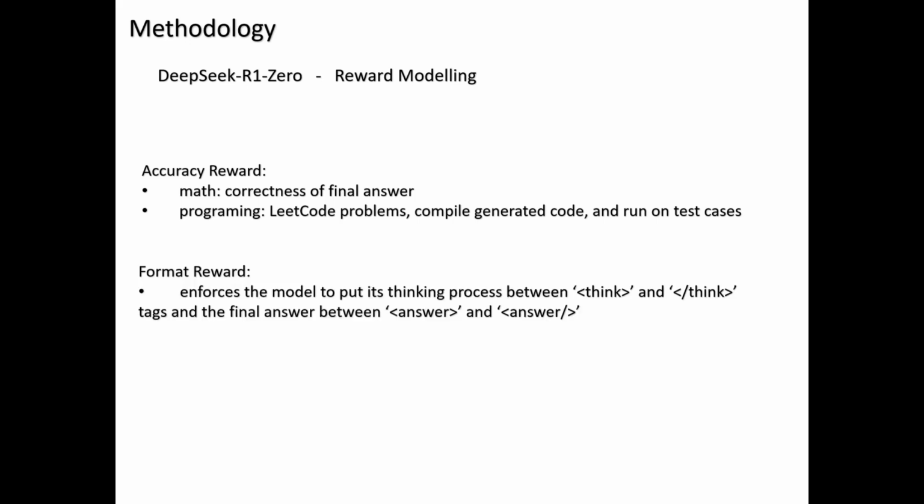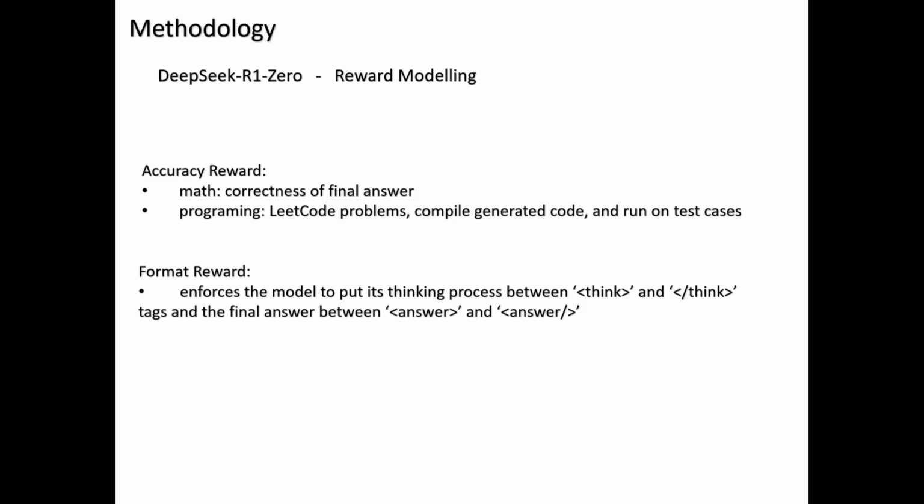And they also encourage the model to follow a specific format by placing its reasoning between the think tags and putting the generated answers afterwards in the answer tags. And if the model adheres to the format, it receives a positive reward.